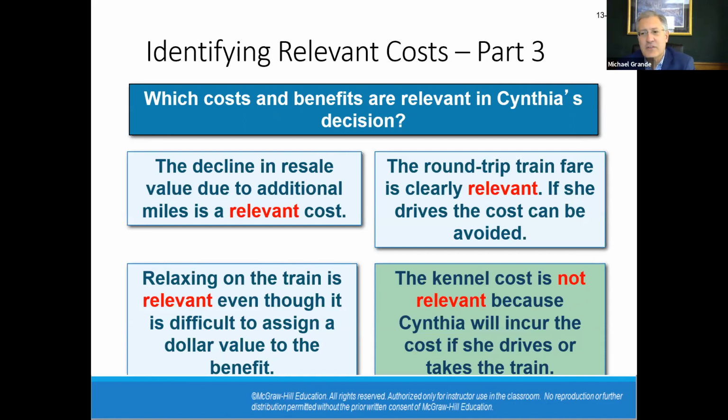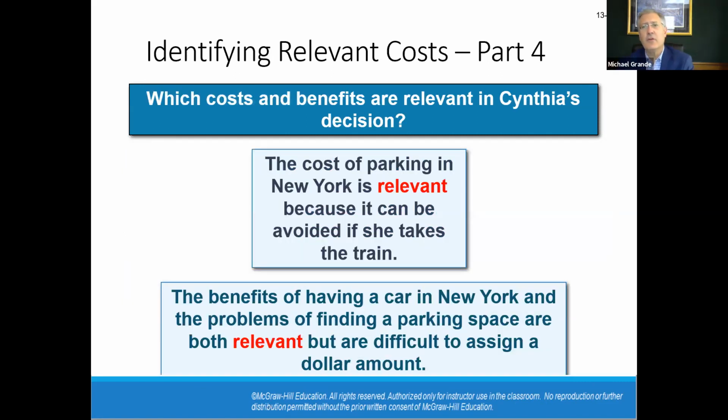And the kennel cost is not relevant because Cynthia will incur the cost if she drives or takes the train. The cost of parking in New York is relevant because it can be avoided if she takes the train. The benefits of having a car in New York and the problems of finding a parking space are both relevant, but are difficult to assign a dollar value.